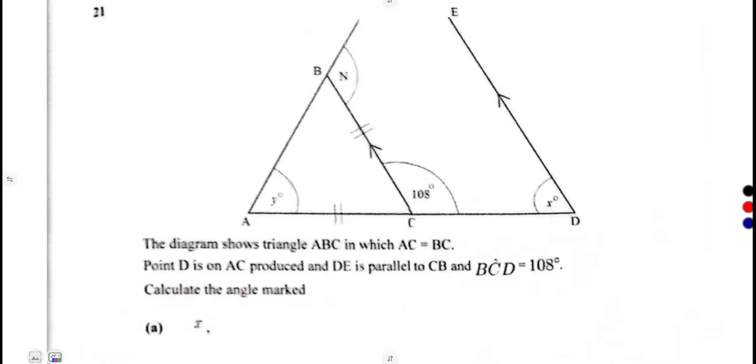For number 21, you're given this shape. The diagram shows triangle ABC, in which AC equals BC. These two sides are equal. Remember, angles opposite equal sides are equal.